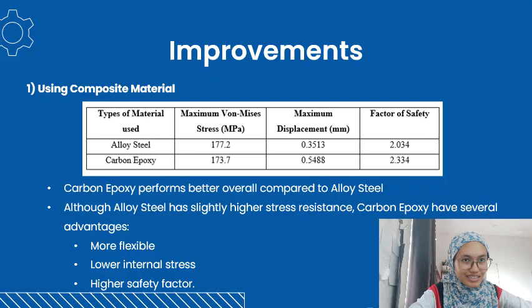Additionally, using composite material can reduce vehicle weight, and carbon epoxy also has the ability to absorb vibration energy through internal damping, and this can reduce the amount of vibration and noise that transfers to the other parts of the vehicle.